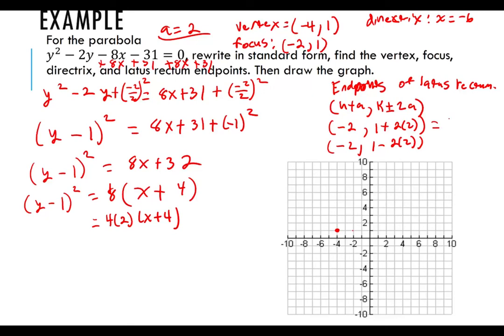And so I get that these endpoints are negative 2, shift up by 4, 1, 2, 3, 4, and so specifically they are (negative 2, 5) and (negative 2, negative 3).